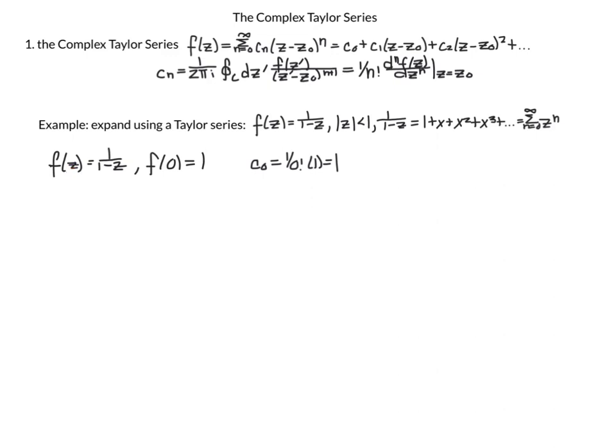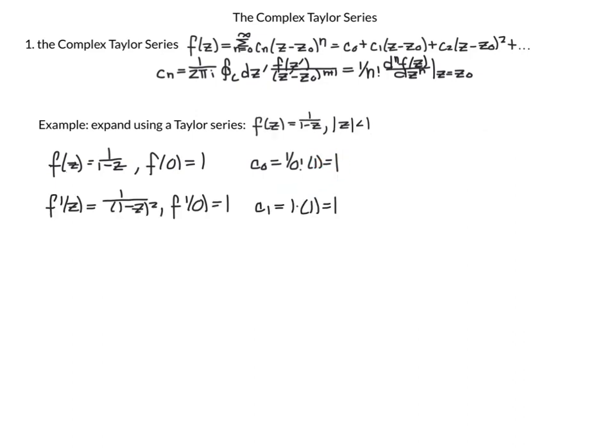So now f of z equals 1 over z, so f at 0, because we're expanding around 0, 0 is our center, is equal to 1, which means that c0, here's our formula here for c0, is 1 over 0 factorial times our 0th derivative, which is just our function evaluated at z0, so that's 1, which is equal to 1.